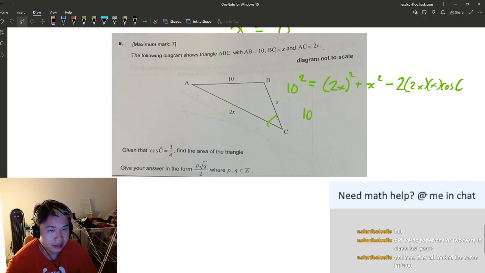So I got 100. On this side, I have 4x squared plus an x squared, makes 5x squared, minus 4. Oh yeah, and then this is 3 over 4, right? Oh, okay, things are gonna work out, I think.